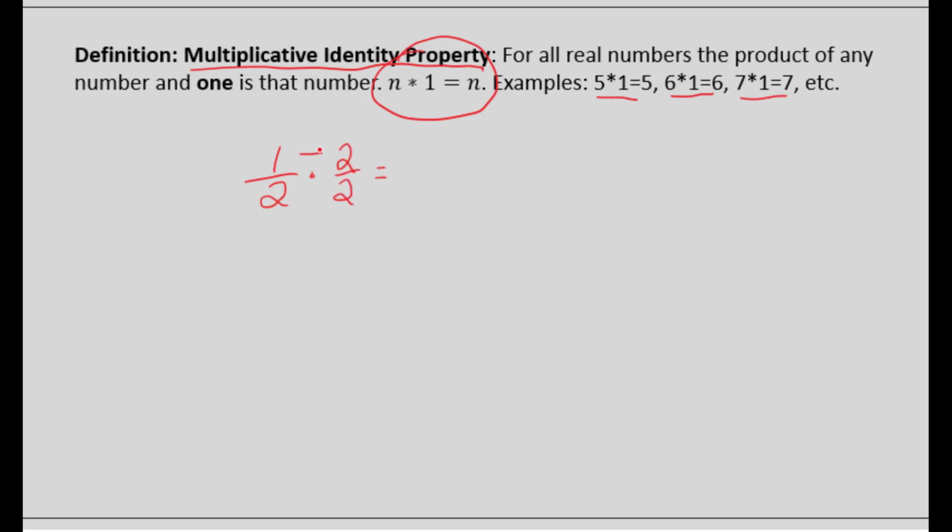And we multiply straight across the numerators and straight across the denominators, I get 2/4. So this means, so importantly, that this number and this number are the same. They have the same magnitude. So this is how you can get different fractions that look different, but they're actually equal, or equivalent, we say.